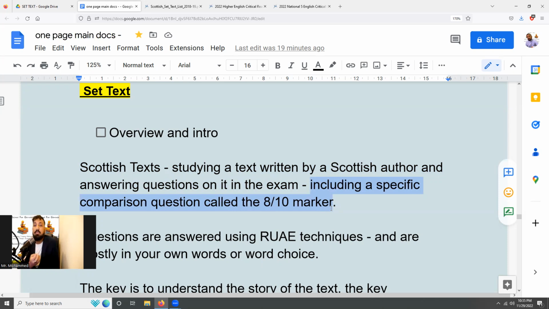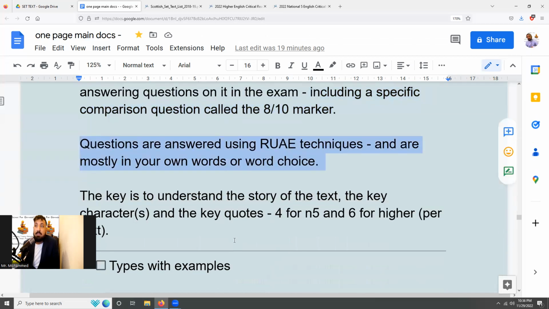The important thing to note, besides this new 8-mark or 10-mark question, is that the questions in the Scottish text are answered using RUAE techniques. All of the questions basically are answered using RUAE techniques, and the ones most used are word choice and in your own words.